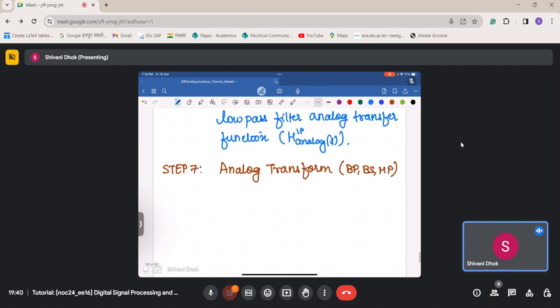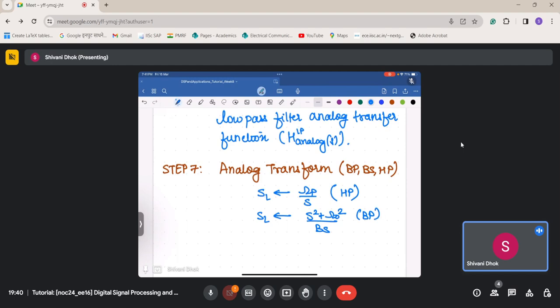Here you will replace SL with omega p by S for high pass, and you will replace SL with (S square plus omega naught square) upon BS for band pass.